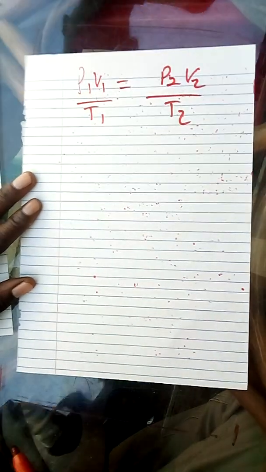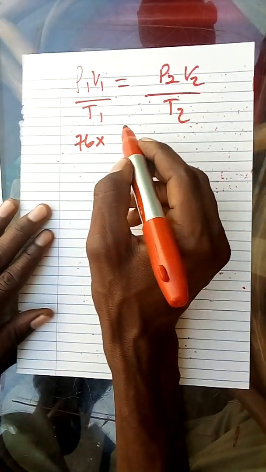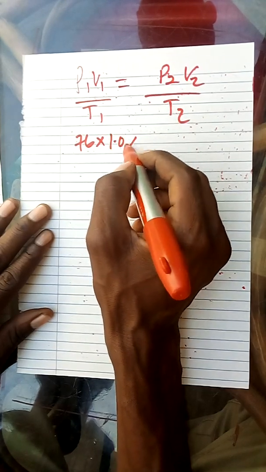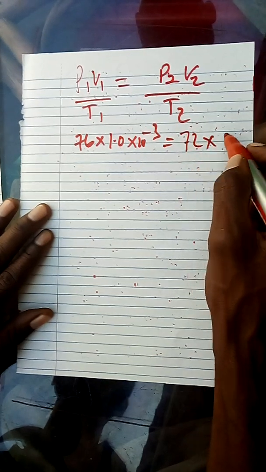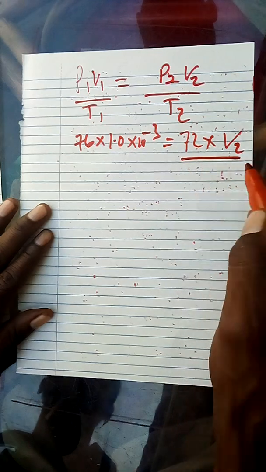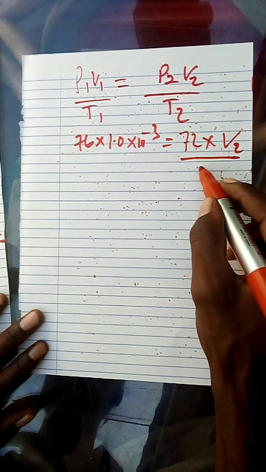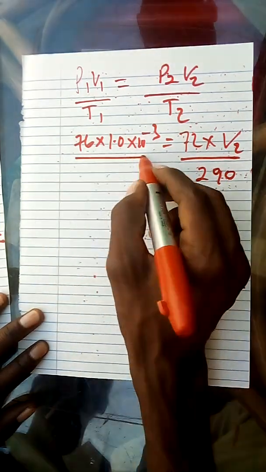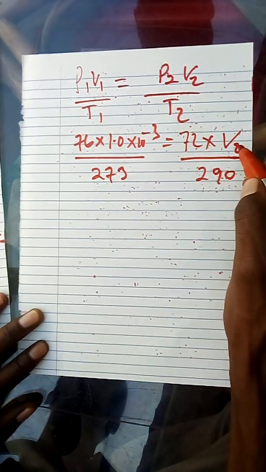From there we have P1, which we said is 76, times V1, which is 1.0 times 10 power negative 3, equal to P2, which is 72, times V2, which we don't know, divided by T2, which is 290, and T1 here we have 273. What is missing here is V2.